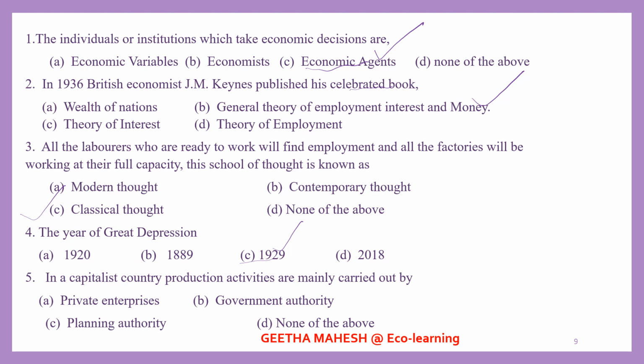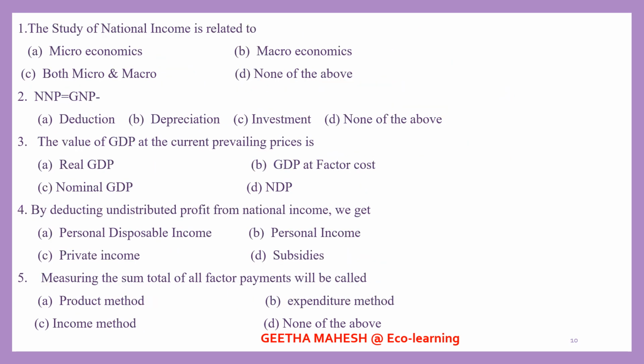In a capitalist country, production activities are mainly carried out by private enterprises. The study of national income is related to macroeconomics. NNP equals GNP minus depreciation, so we have to convert gross into net.